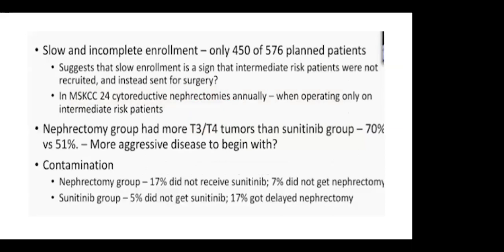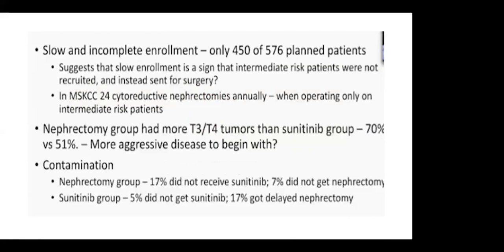Only 450 of 576 planned patients were enrolled. So it may suggest that intermediate risk patients were not recruited and instead sent for surgery. What he's trying to say is that there may be a lot of intermediate risk patients who had cytoreductive nephrectomy and benefited from that, but they were not part of the trial.